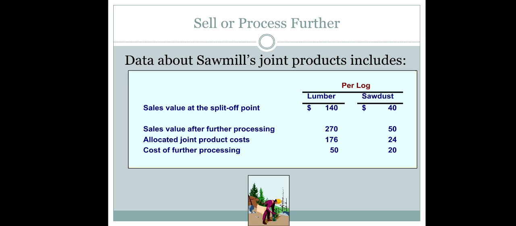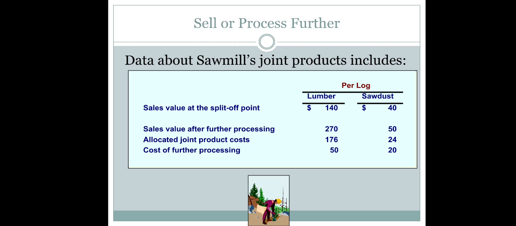So see here, this is data about the sawmill's joint products. Remember, the logs are the raw material, and the raw material can be used to produce two joint products, lumber and sawdust. If the business sells the lumber and sawdust as is, then the price is $140 for lumber and $40 for sawdust.